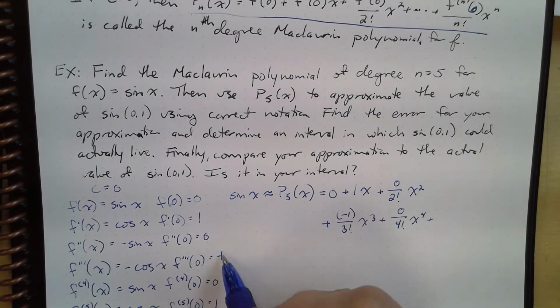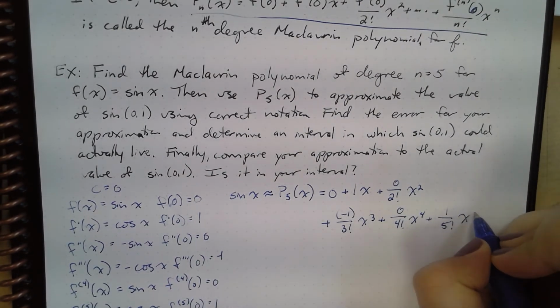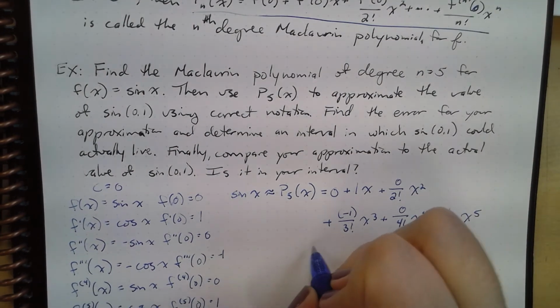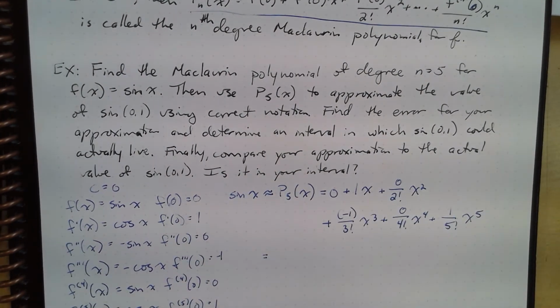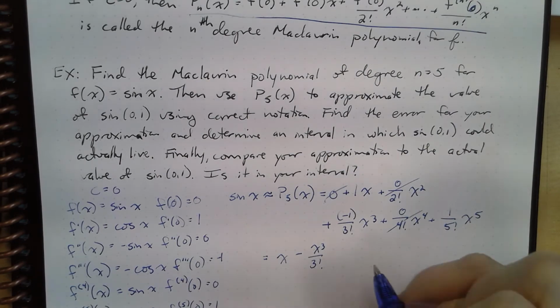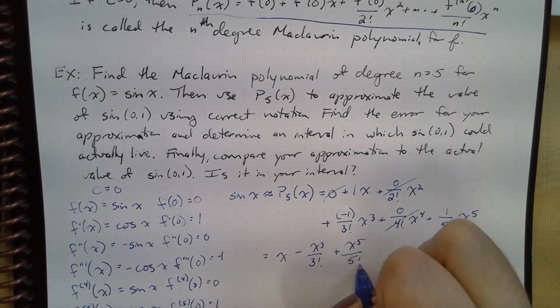Did I miss one? Yep, negative 1, 0, 1, plus 1 over 5 factorial times x to the fifth. Okay, and we can simplify this out a little bit. So that's going to be equal to x minus x cubed over 3 factorial plus x to the fifth over 5 factorial.